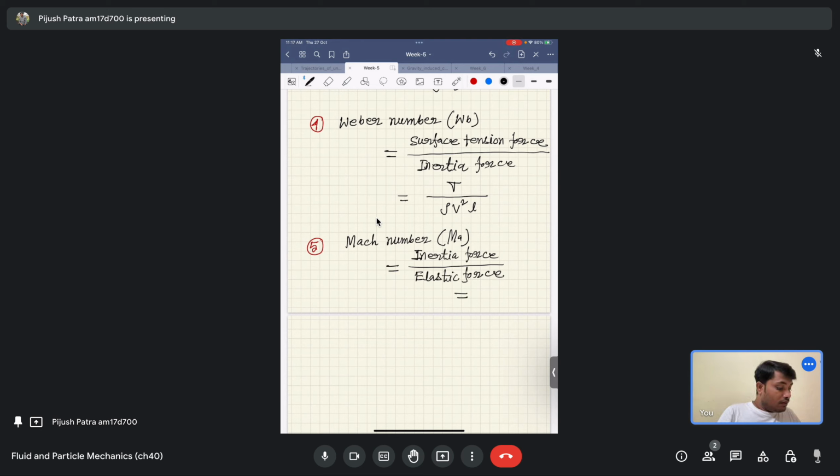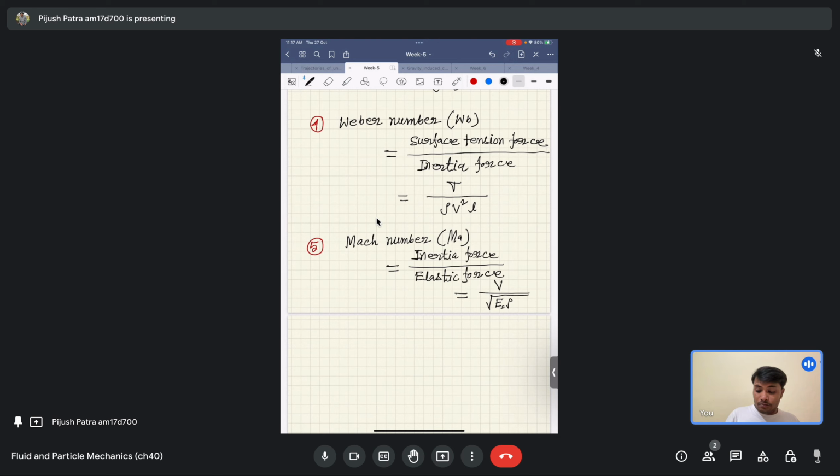It is V by root over Es into rho, where Es is the elasticity, in terms of Young's modulus or something, rho is the density, and V is the velocity.